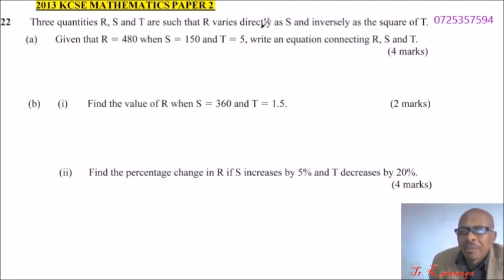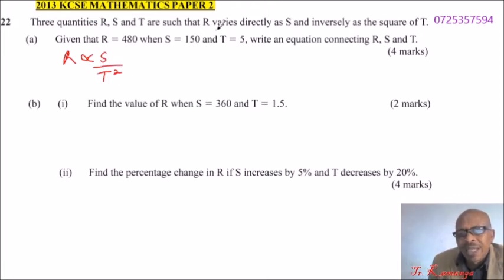From the statement here, this question is from Form 3, that is variation. We can get the equation. We use the first statement: R is directly proportional to S and inversely proportional to T squared.